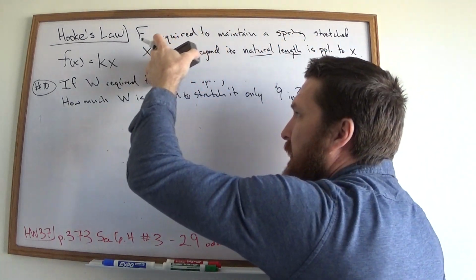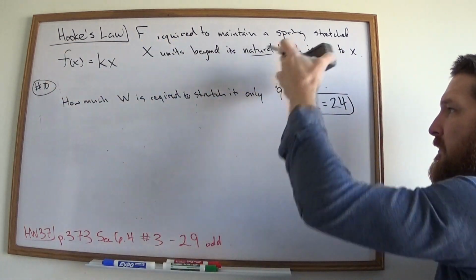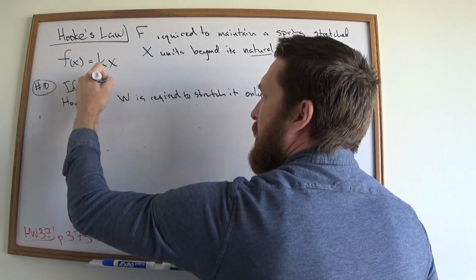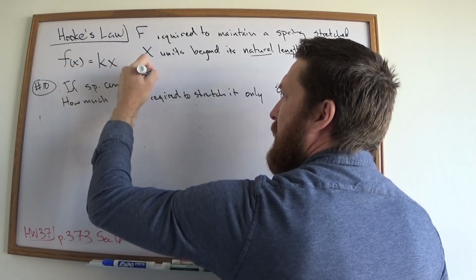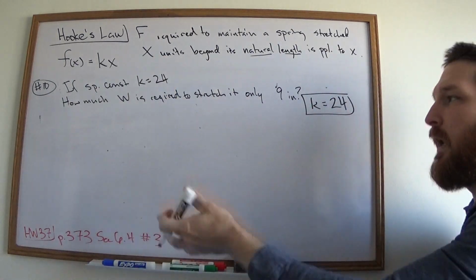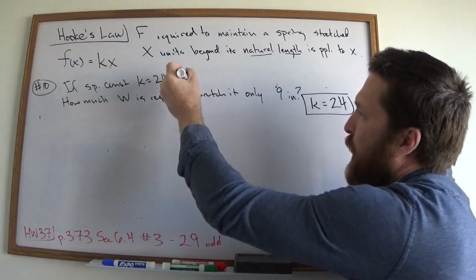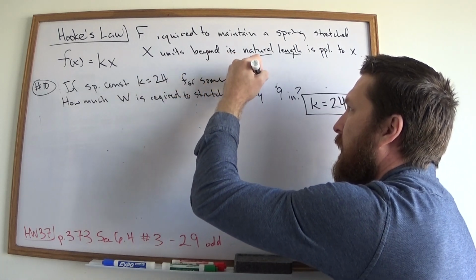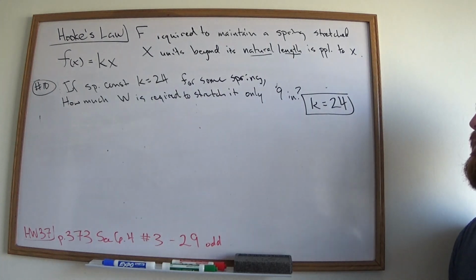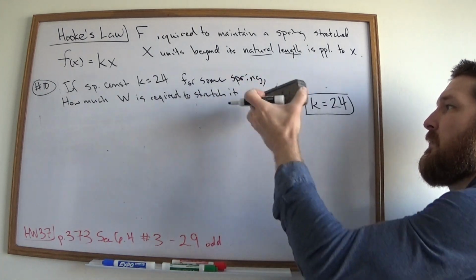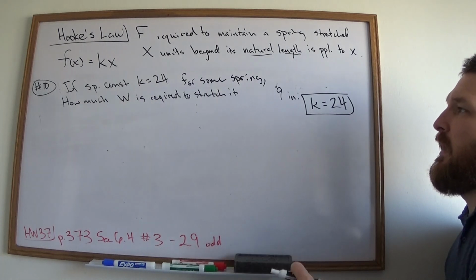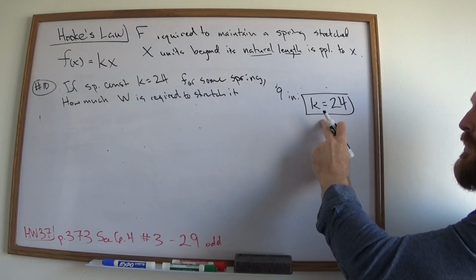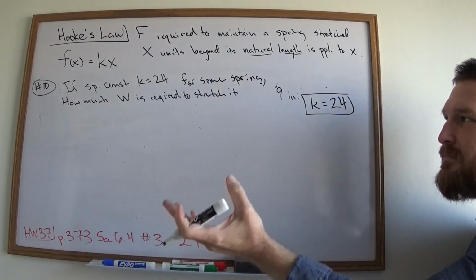They could have said, if the spring constant k equals 24, how much work is required to stretch a given spring 9 inches? And of course you'd have to be told that k is pounds per foot, I guess.